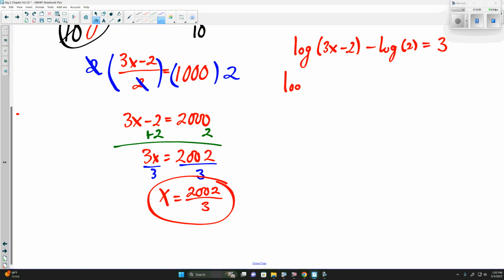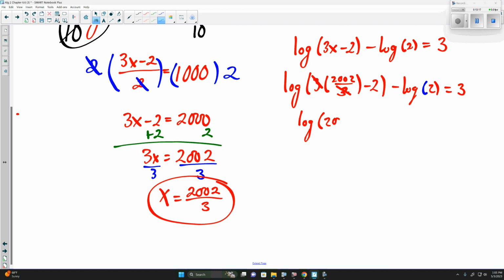Now if I plug this back in, we'd have log of 3 times 2002 over 3 minus 2 minus log of 2 equals 3. Here, the 3 and 3 would cancel, giving us log of 2002 minus 2 minus log of 2 is 3.